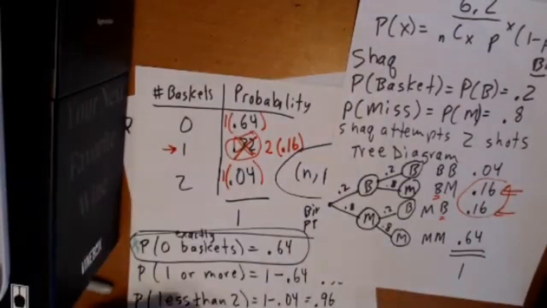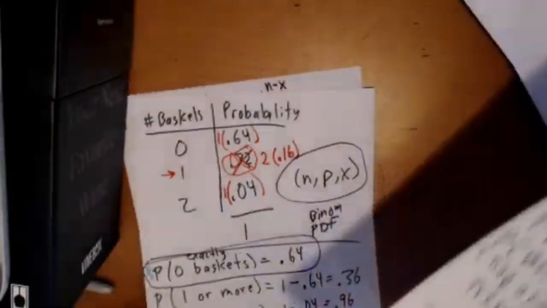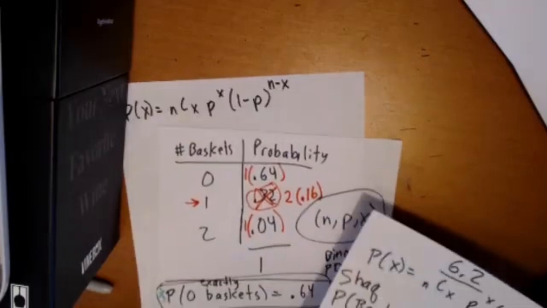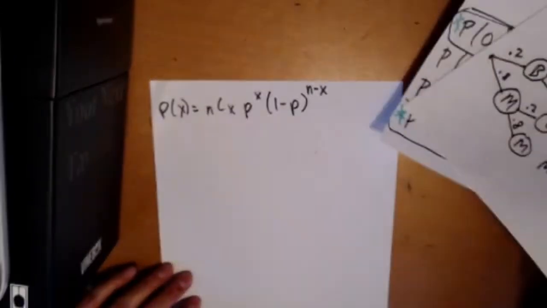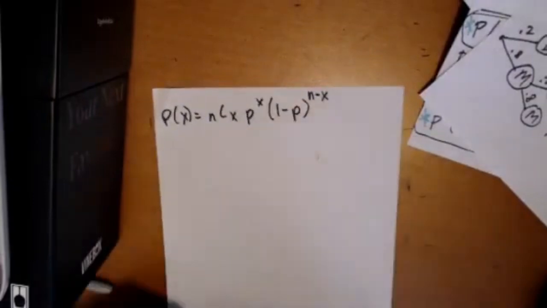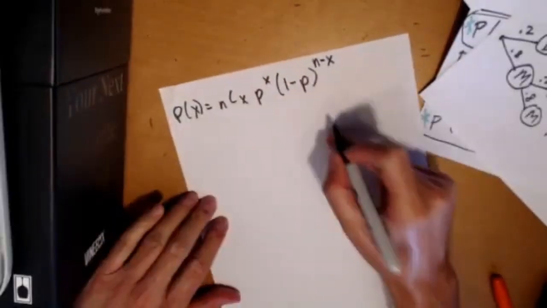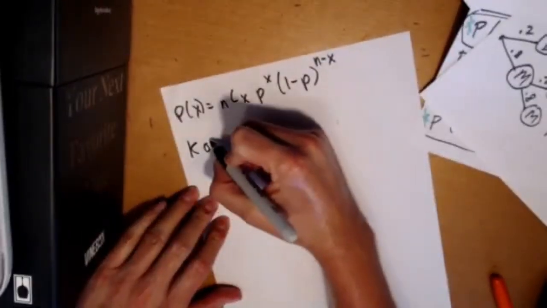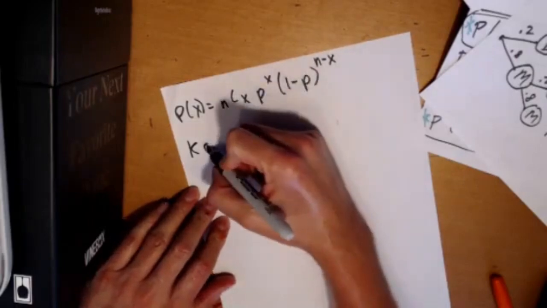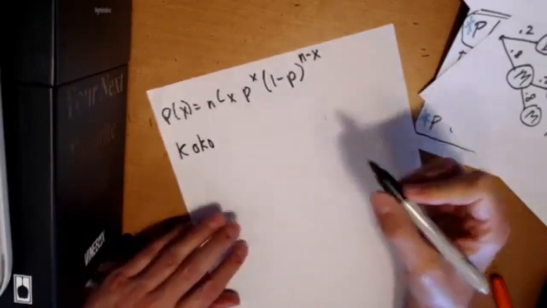We're going to use a calculator to get to the answer quickly, but let's just see if we can solve a problem using this formula. Let's make one up. So instead of Shaq, let's say it's a guy named Coco.